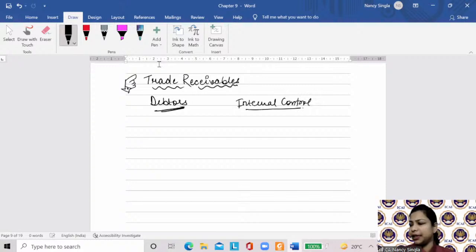Debtors balance will be appearing in the balance sheet now. So with respect to which item of the profit and loss account should I check the client's internal control? Send your replies.